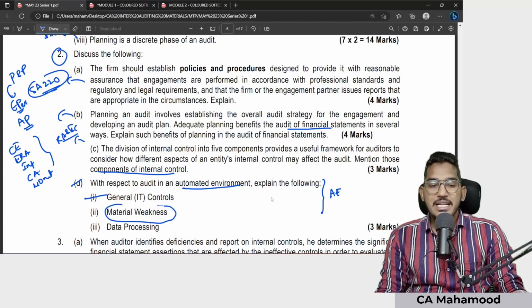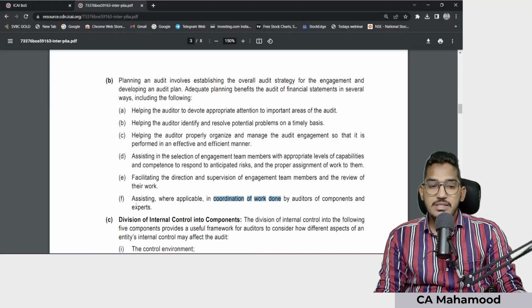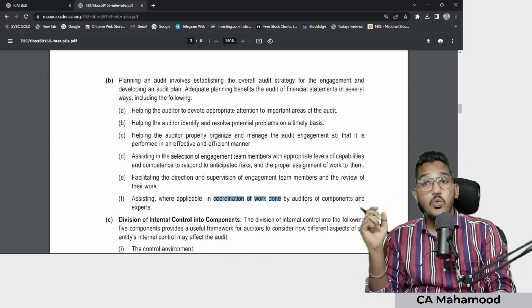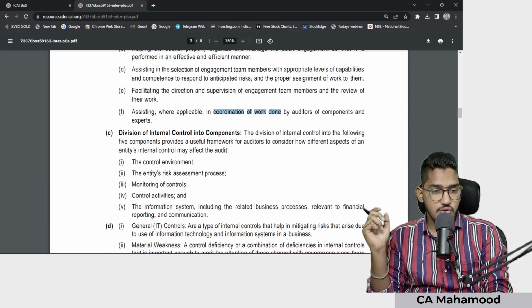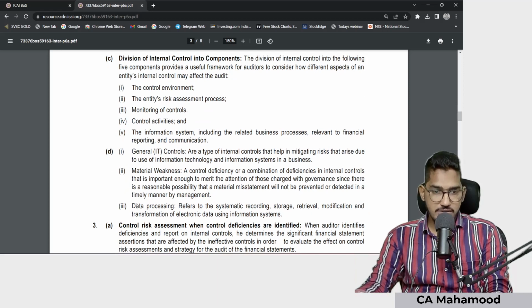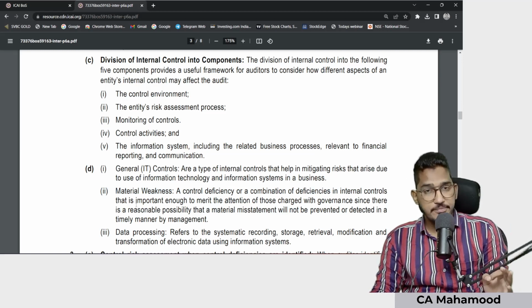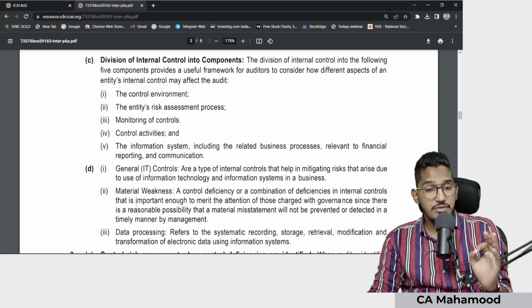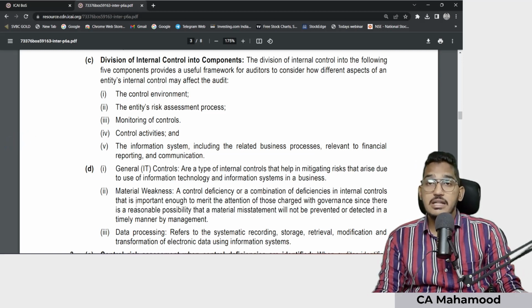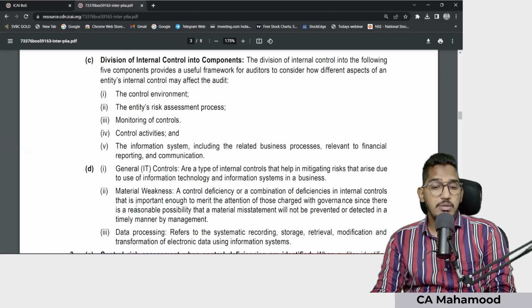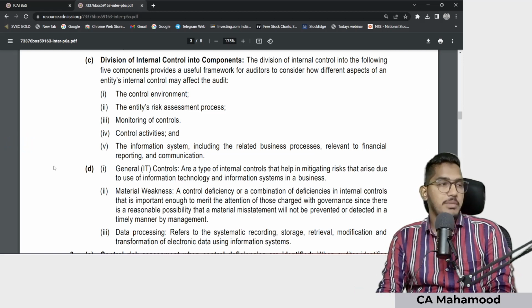Next one, what is material weakness? Material weakness means such a kind of weakness which requires the attention of those charged with governance. Let us read that definition once here. Material weakness: a control deficiency, that is a weakness in the internal control or a combination of deficiencies in the internal controls that is so important that it requires the attention of those charged with governance, since there is a reasonable possibility that material misstatement will not be prevented or detected in a timely manner by management.